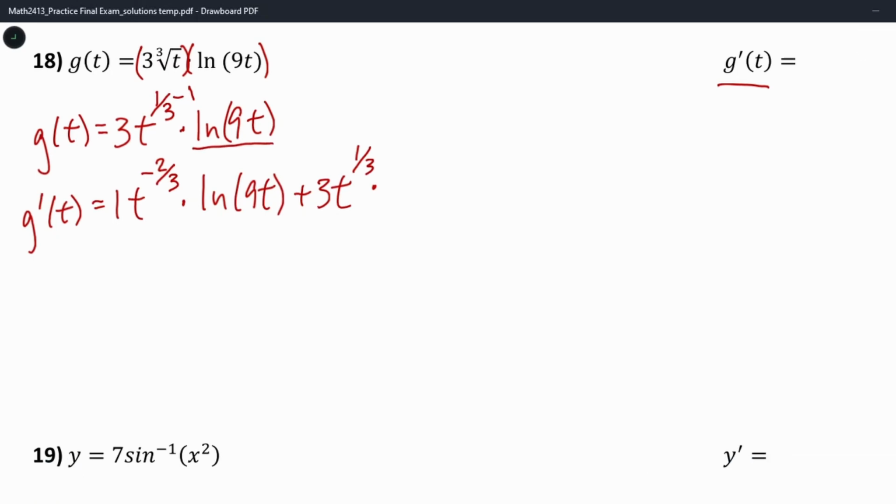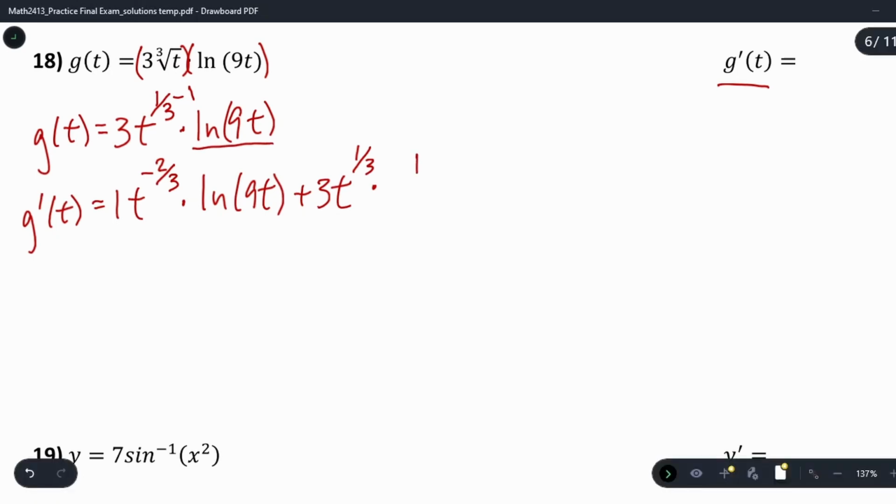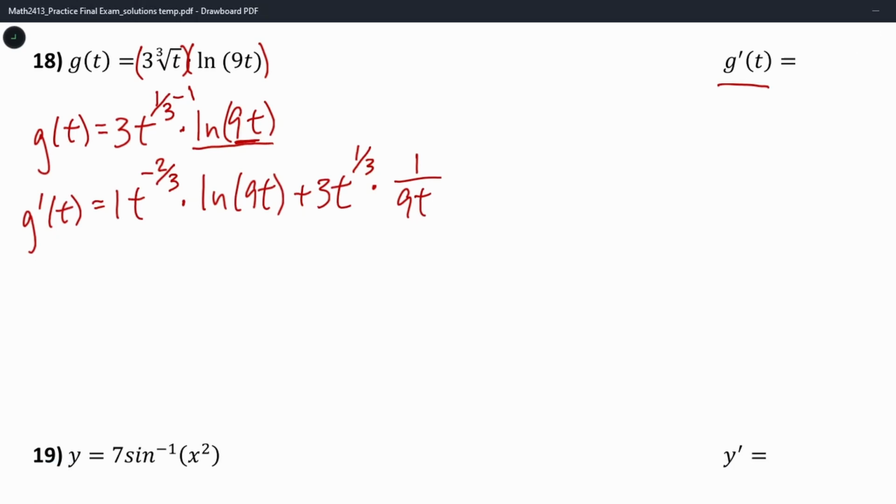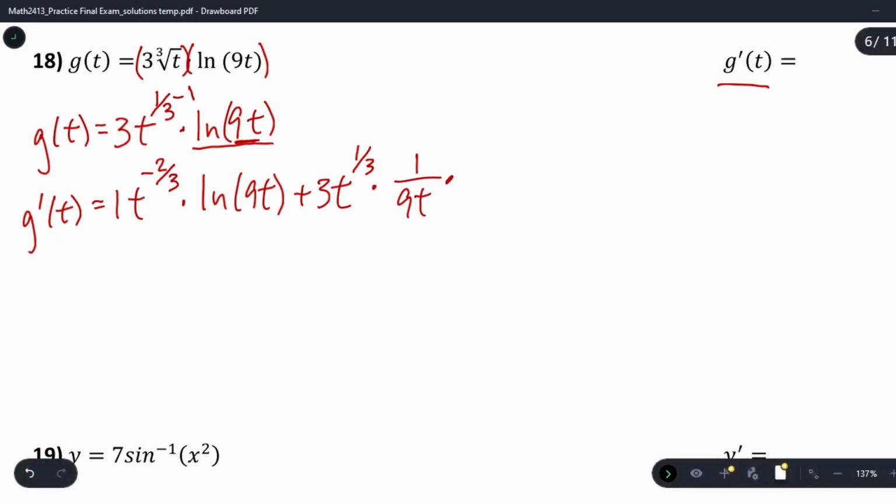Now the derivative of natural log of t is just 1 over t, and since it's not just t, it's 9t, we're going to have to apply the chain rule, multiplying by the derivative of the stuff inside.